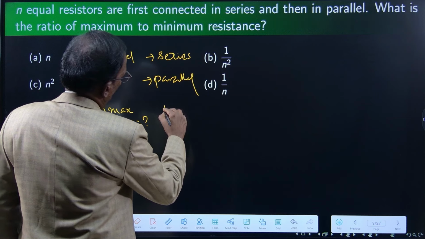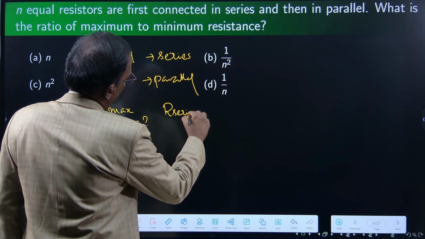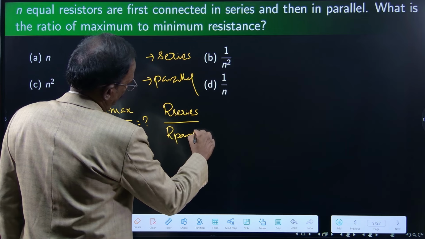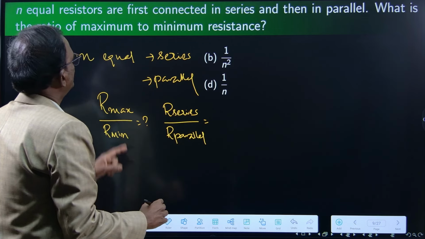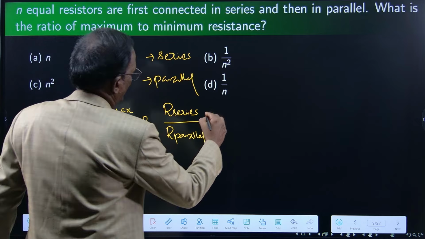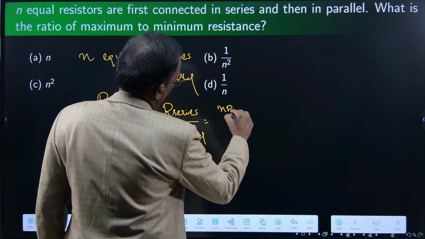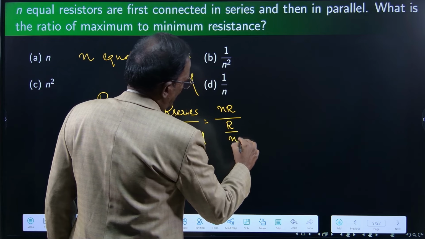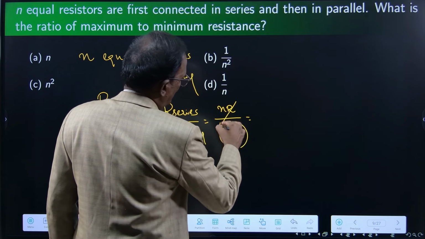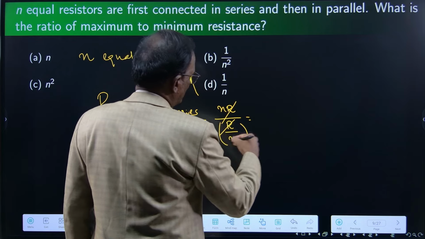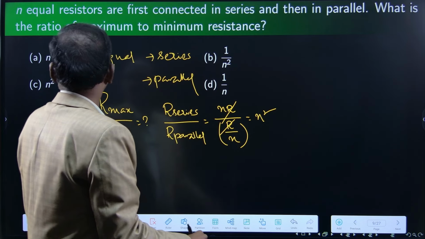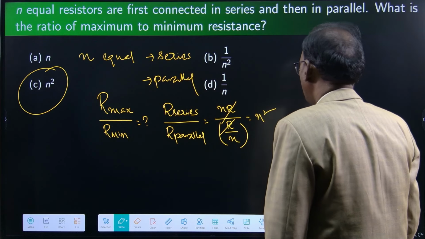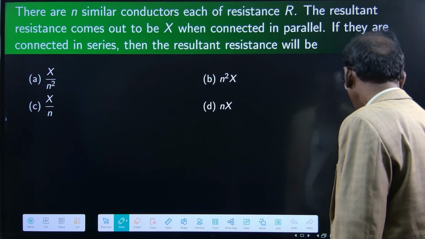So that is R series divided by R parallel, they are asking. R series means n into R multiplied. In parallel, R by n. So R and R are cancelled, n square. Option C is the answer. The ratio is n square.